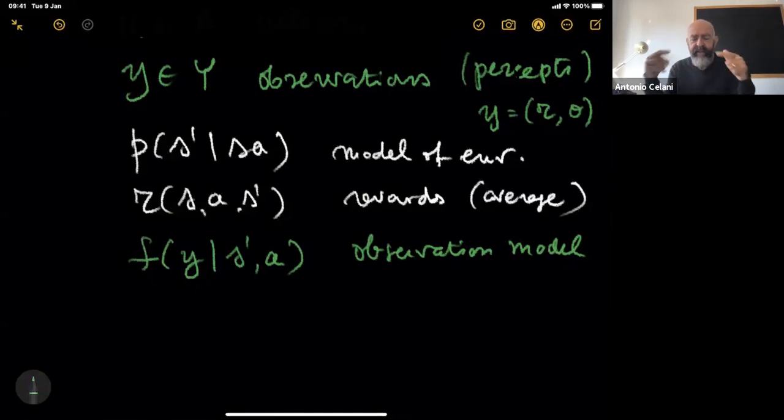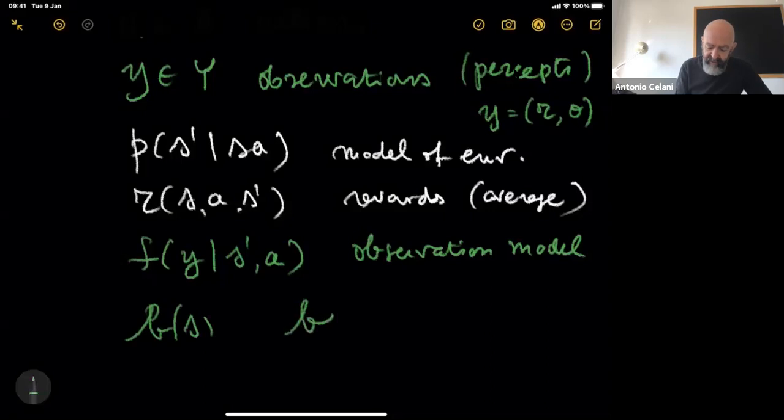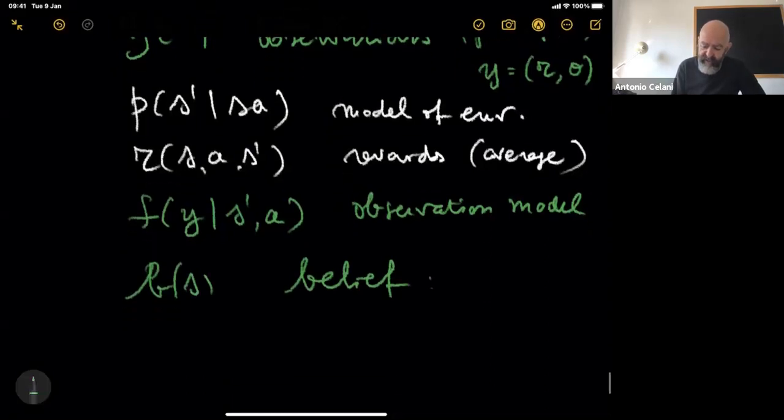So I'm repeatedly using the notion of belief because this is how priors and posteriors are called in POMDP. B of S is called the belief, and it is the probability distribution over states.